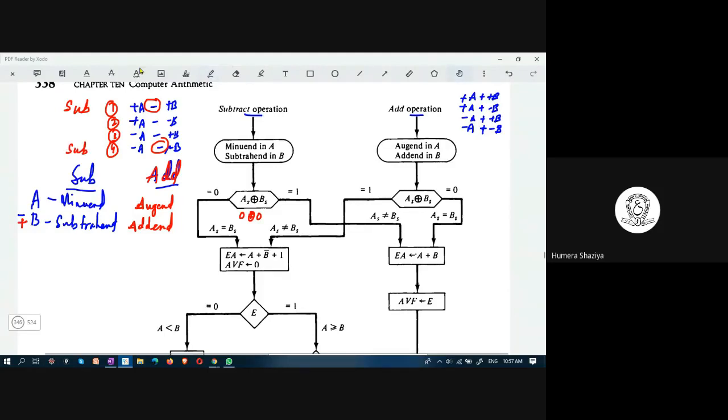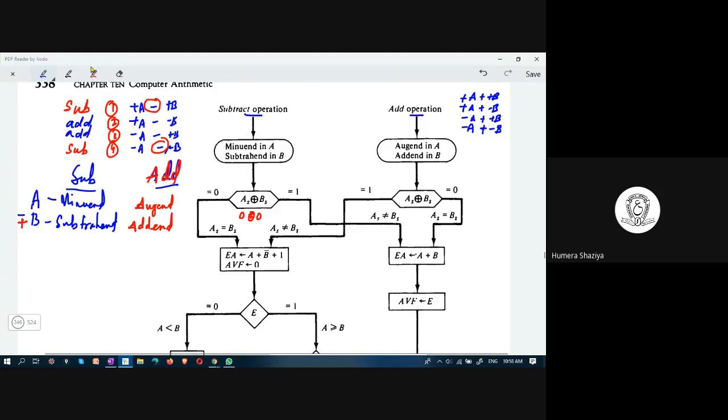When any one number is negative, whether A is negative or B is negative, in that case, although the sign is minus here, addition is performed.